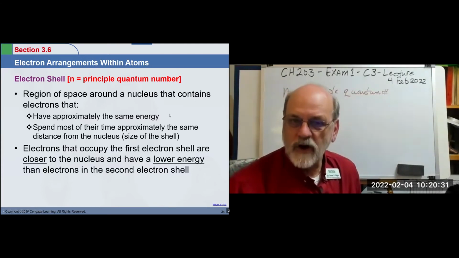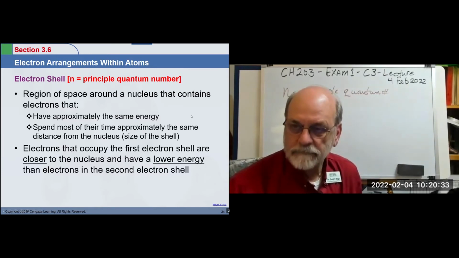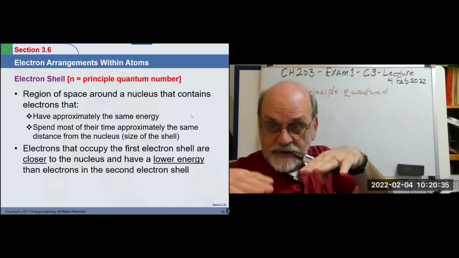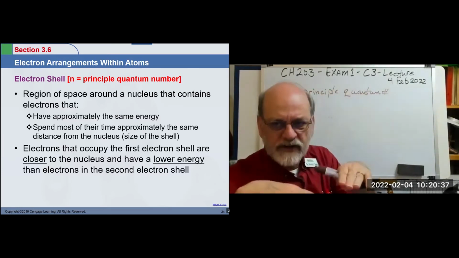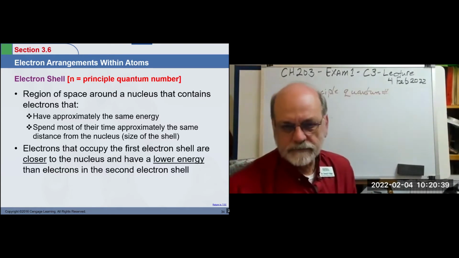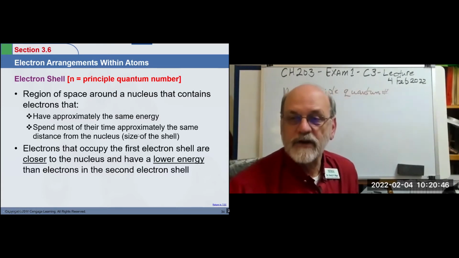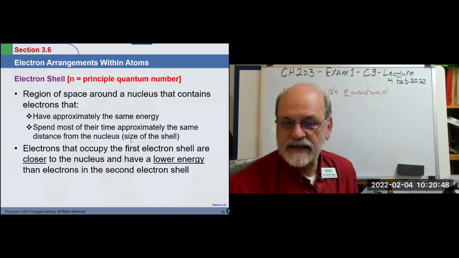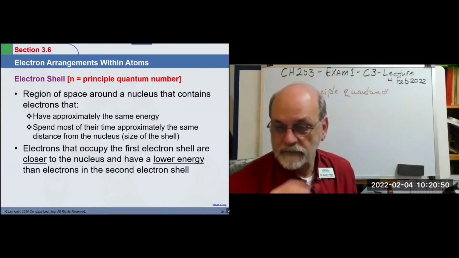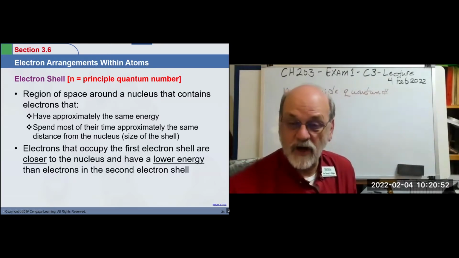So if 2 electrons have the same principal quantum number, their energies are going to be very similar, with only very slight differences. And they will spend most of their time at that distance from the nucleus. So that dictates the size of that electron shell.